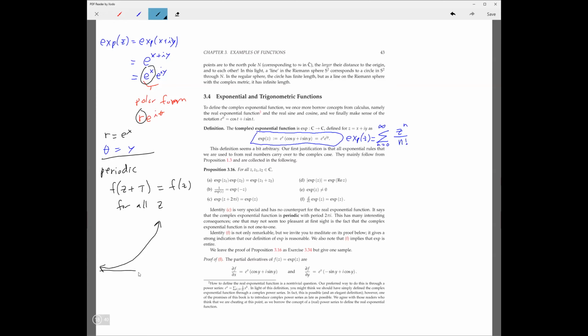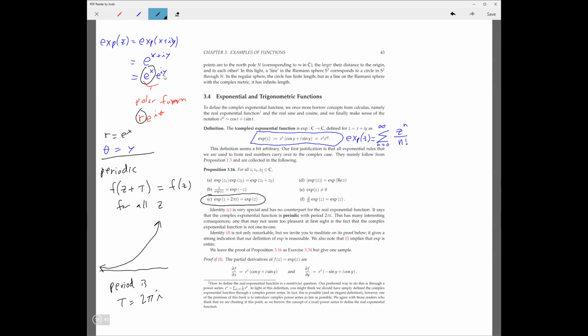And yeah, if you're looking at just the real numbers like this, then of course this is not periodic at all. But it's actually periodic because of this guy right here. And the period is 2 pi i. Because this is your angle form, right?